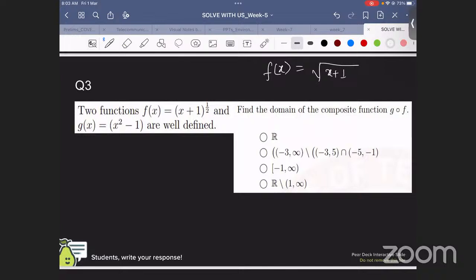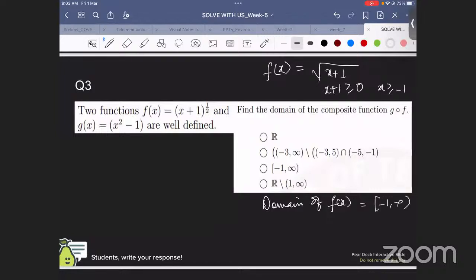Minus 1 to infinity. Correct. So x plus 1 is greater than or equal to 0, so x is greater than or equal to minus 1. The domain of f(x) is minus 1 to infinity.